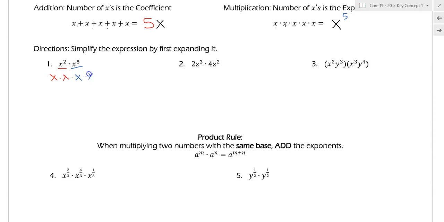So 1, 2, 3, 4, 5, 6, 7, 8. So I'm going to do the same thing as I did up here. Now you can just count them. How many do I have total? 1, 2, 3, 4, 5, 6, 7, 8, 9, 10. So that's x to the 10th.